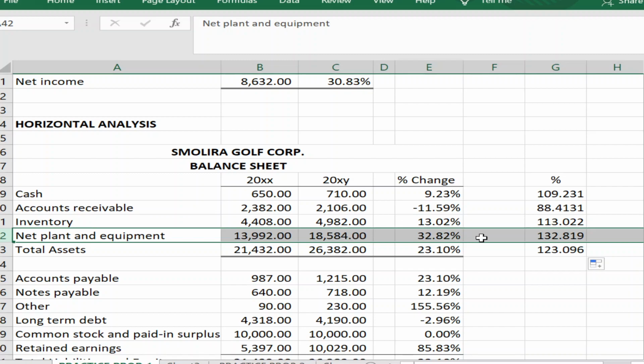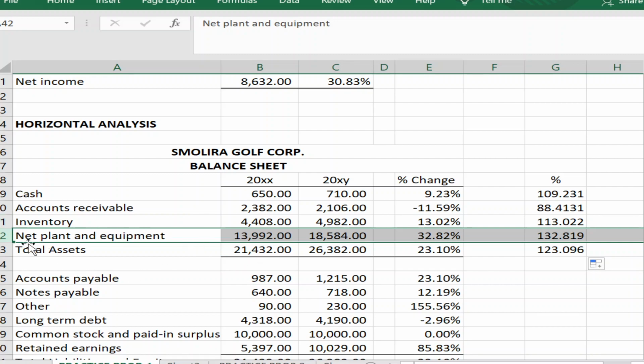Why are they aggressive in adding more? Perhaps their sales really increased, that's why they are confident in buying more fixed assets.